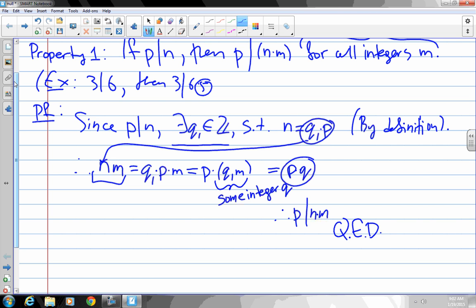Again, all I'm using is the definition of divisibility. And it's not the only way to prove it, but that's kind of in the ballpark.